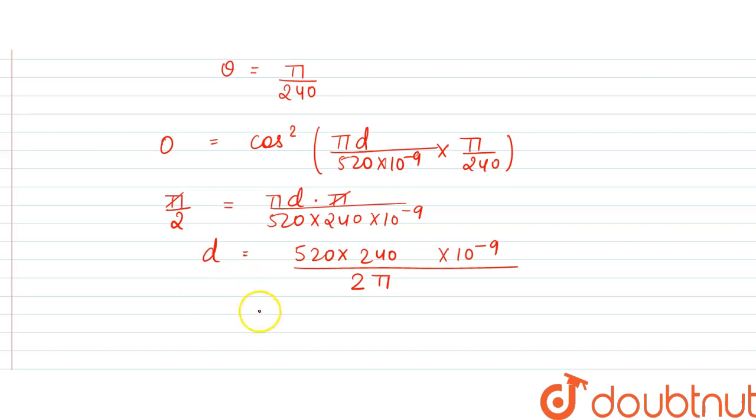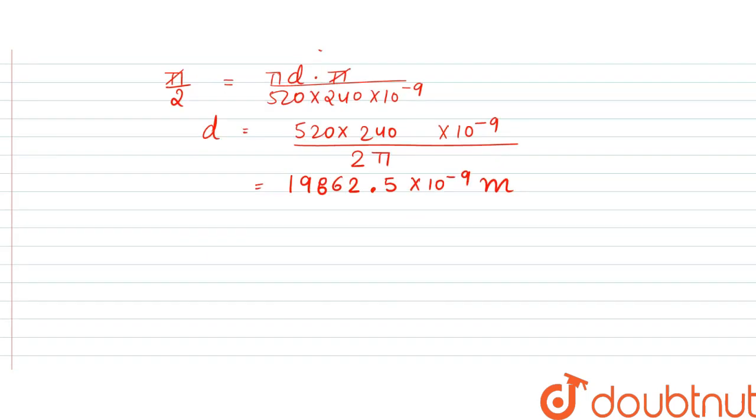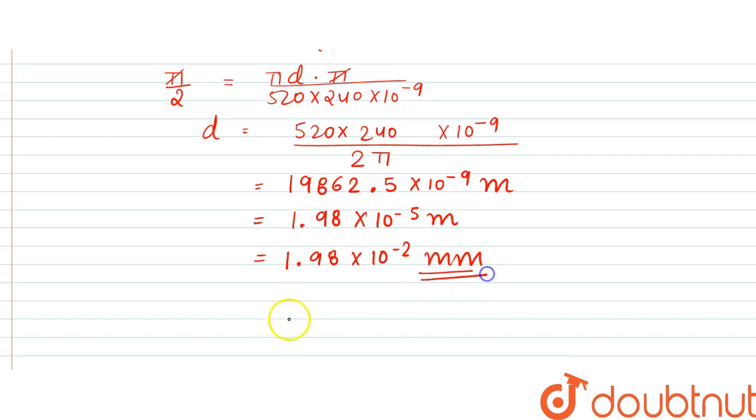So this value turns out to be equal to 19862.5 into 10 to the power minus 9 meters. Simplifying, it would be 1.98 into 10 to the power minus 5 meters. So we can write this as 1.98 into 10 to the power minus 2 millimeters. That is our answer. Thank you.